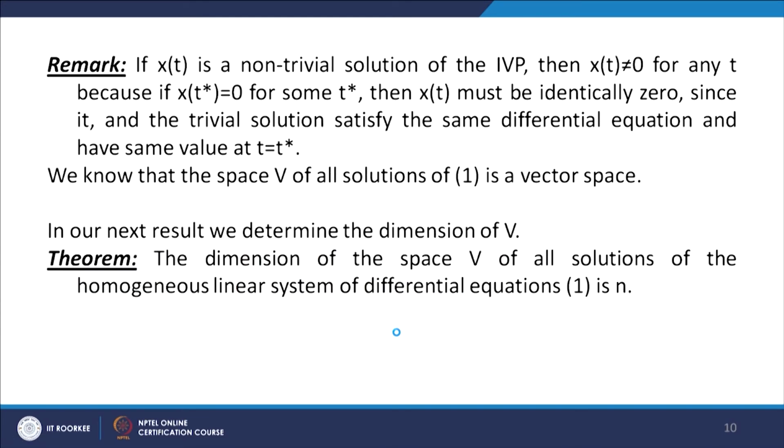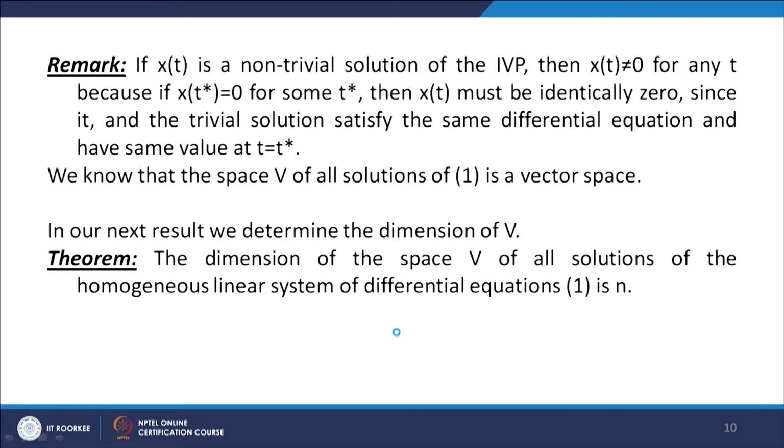If x(t star) is equal to 0, then the trivial solution and x(t) will coincide at t equal to t star, and so by the uniqueness of the solution it will follow that x(t) is equal to 0 for all t. So, if x(t) is a non-trivial solution, then x(t) must not equal 0 for any value of t.